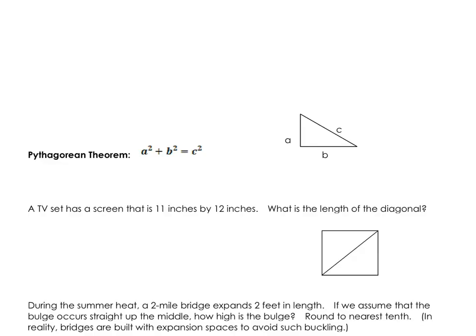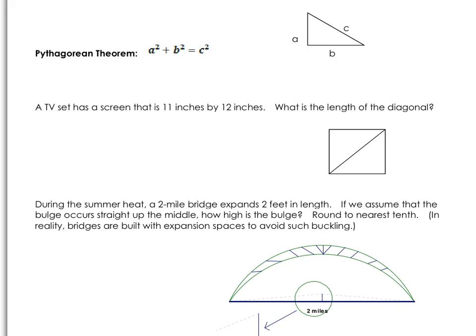If you have a right triangle, this only works for a right triangle, then the hypotenuse, the longest side, C, C squared equals A squared plus B squared.